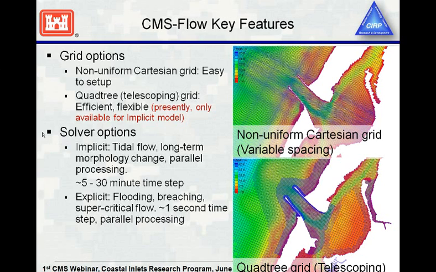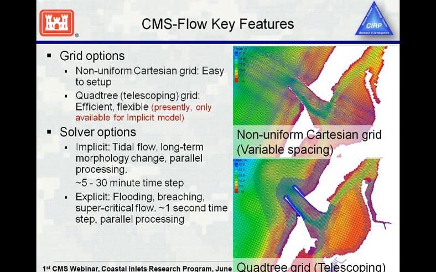There's also two different solver options, which I alluded to a second ago. One is the implicit model and one is the explicit model. And basically that's a difference in the way the solutions are calculated. With the implicit model, which is relatively new, we can have time steps anywhere from 5 minutes, maybe a little bit less, up to 30 minutes or an hour.